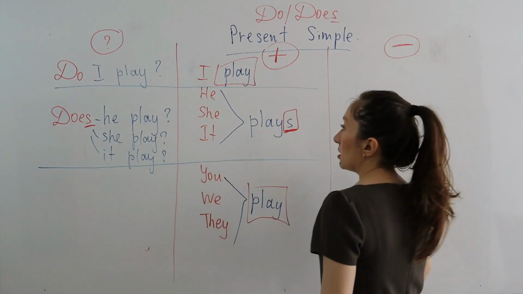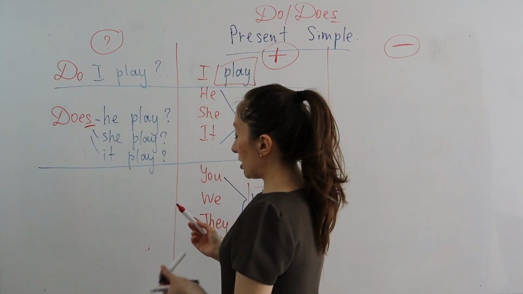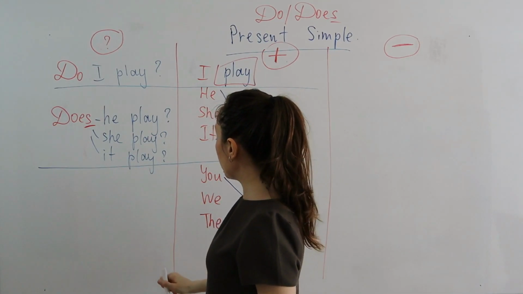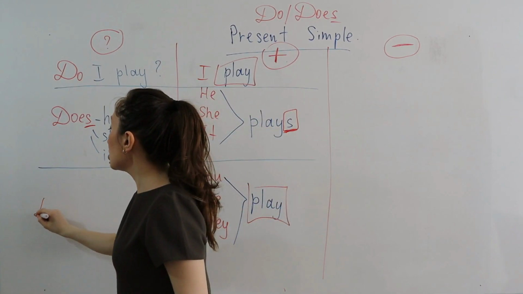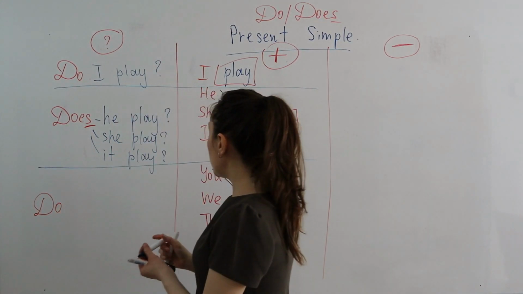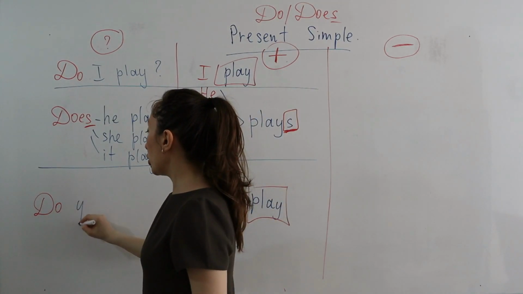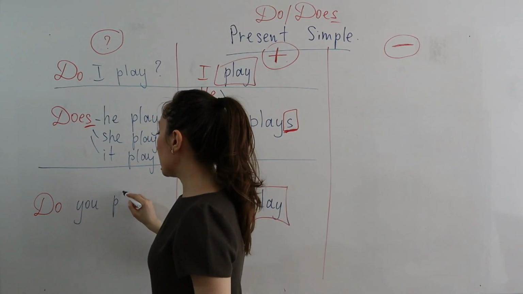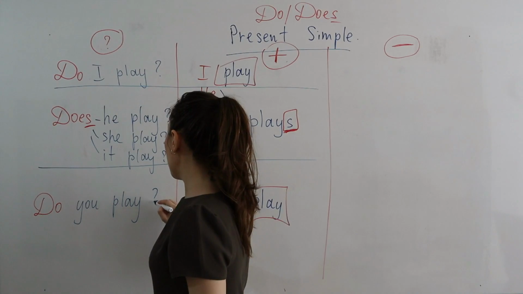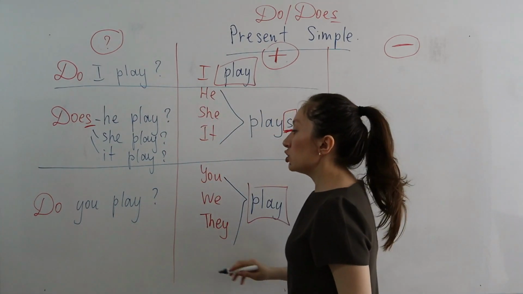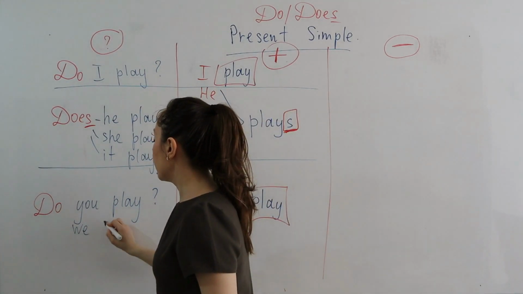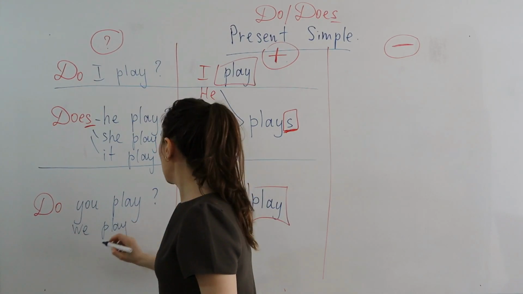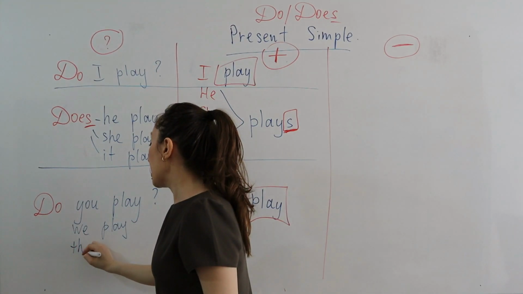And the next one, the same for you, we, they, plural form. The same, we use do for them. Do you play? Nothing changes because already we have the first form of the verb. Do we play? Do they play?